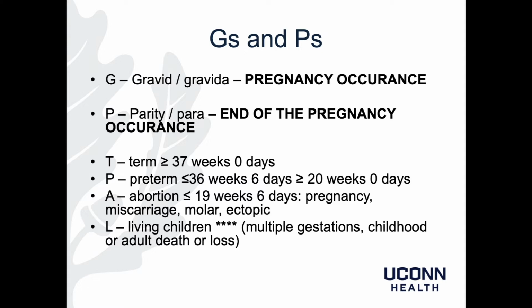Also, childhood death or loss, or even adult, depending on how old the patient is, may also cause the living children to not match the T's and the P's when you start adding them all up. So we'll do a little bit of practice to go over that so that everybody can get familiar with it.